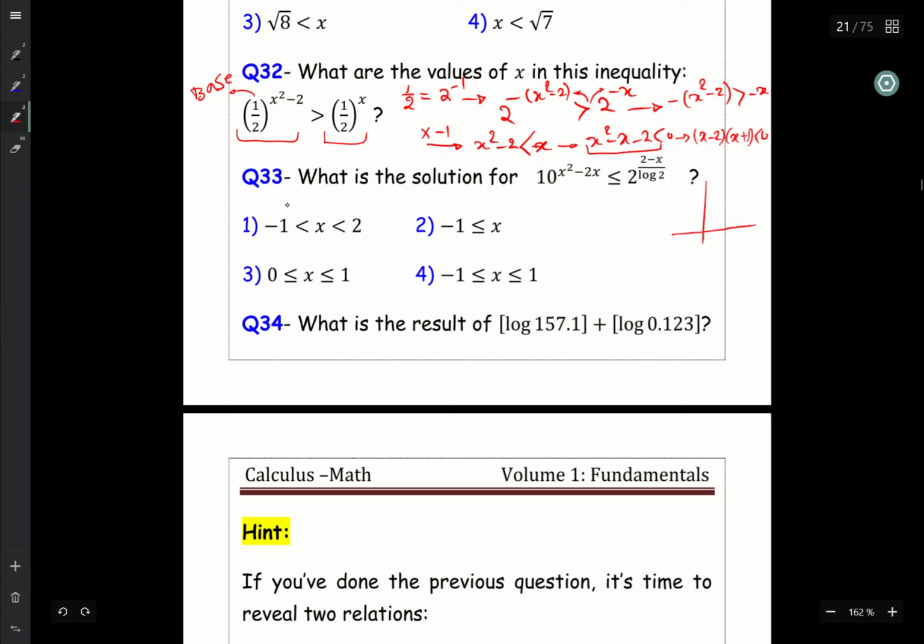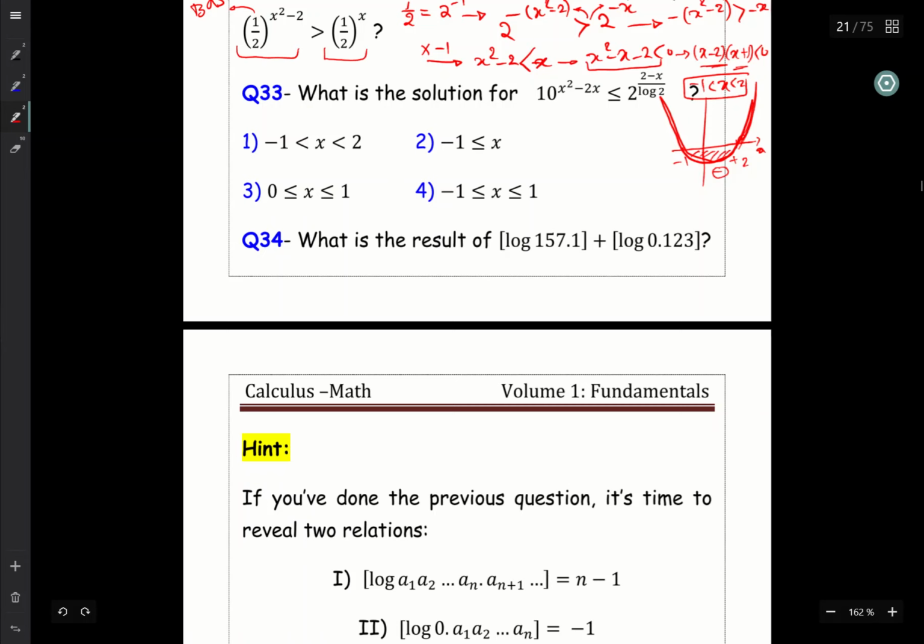And this quadratic form has two roots, negative 1 and plus 2. As x goes to infinity, the quadratic goes up to infinity, therefore the shape should be something like this. And if we want it to be negative, x should be between negative 1 and positive 2, okay?